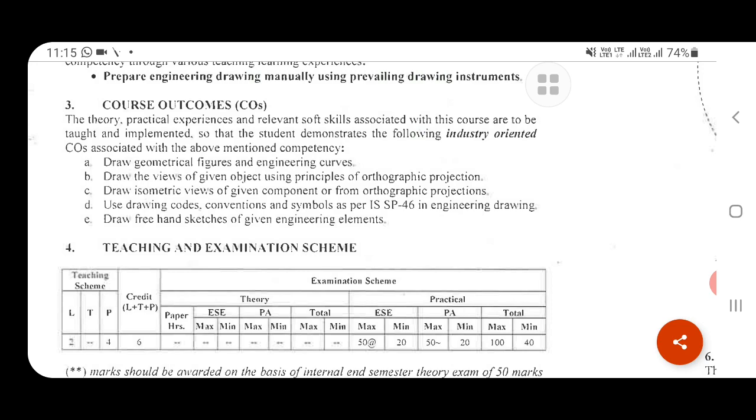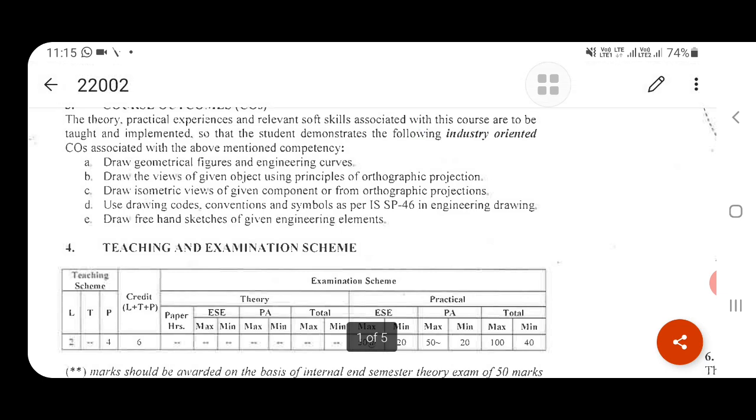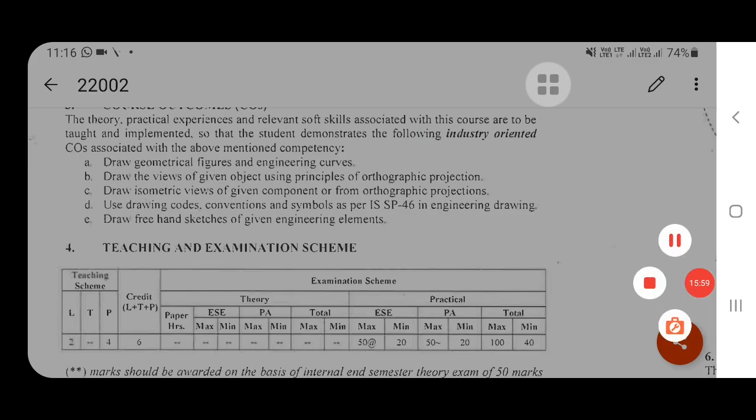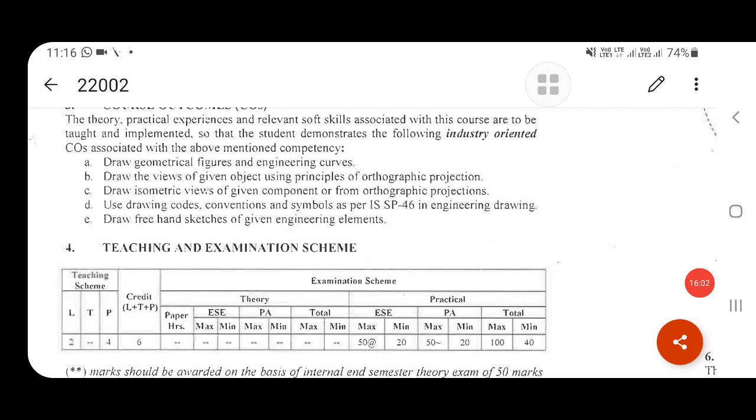In this way we complete the total syllabus of engineering graphics. Write down this CO. Thank you.